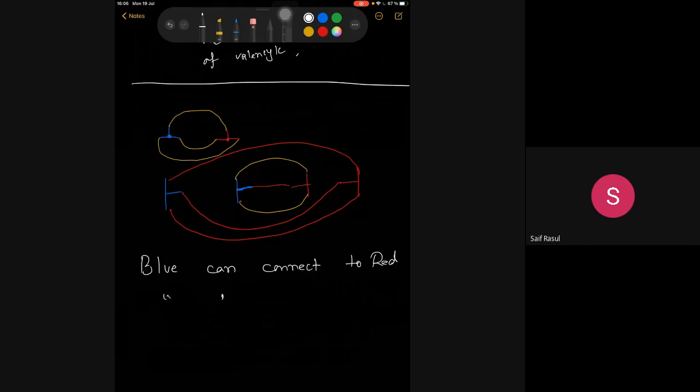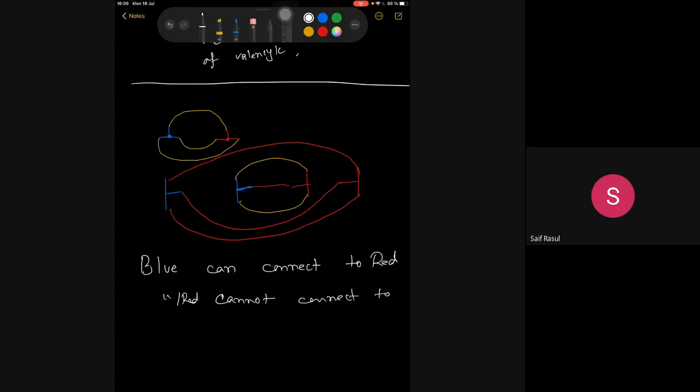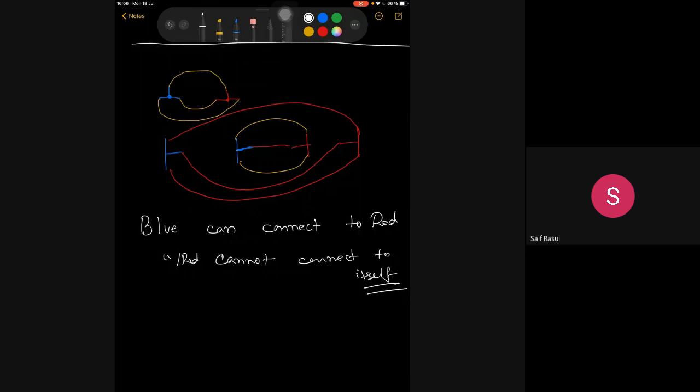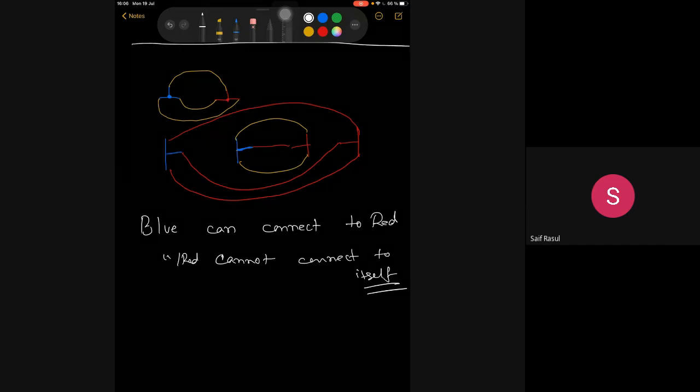Blue or red cannot connect to itself. So this is a combinatorics problem. I'm dealing with a problem that says that my blue vertices can connect with my red vertices, and so on. So the only possible contraction is red going to blue.